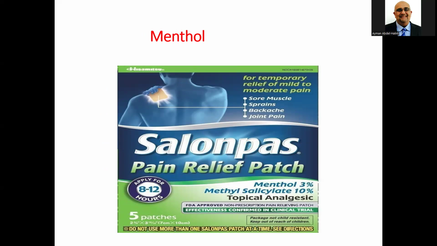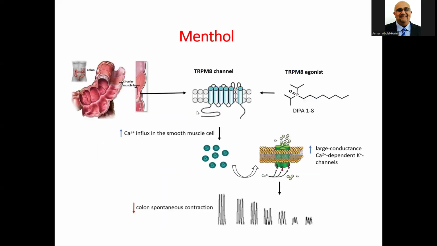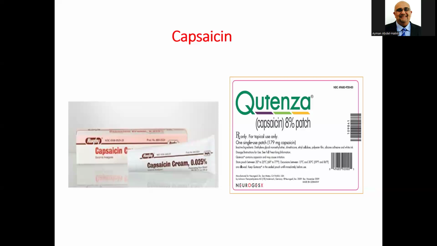Menthol is another topical agent we use, and we usually add it to methyl salicylate. Menthol works on TRPM8 channels. Capsaicin, it's not a typical NSAID. I just put it here for comparison.